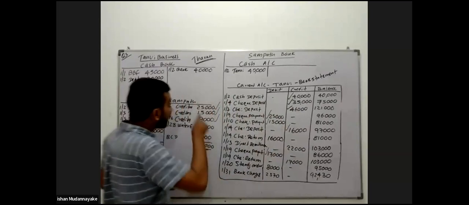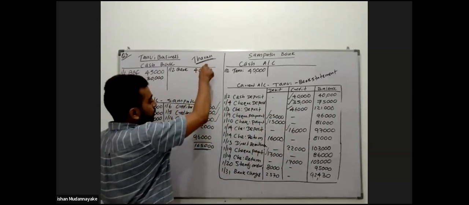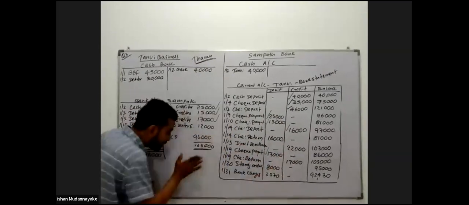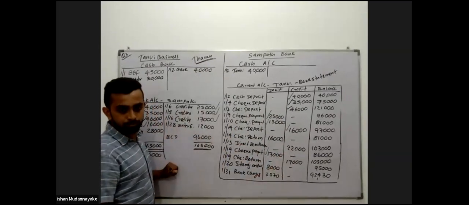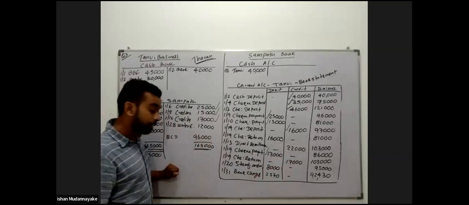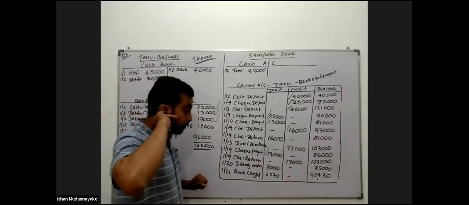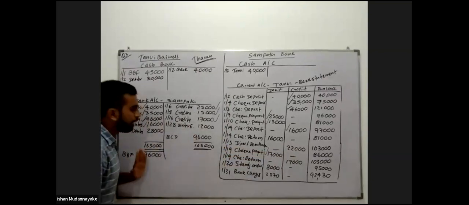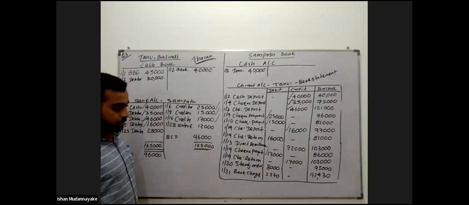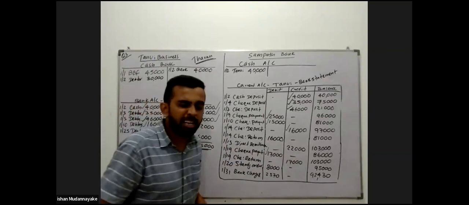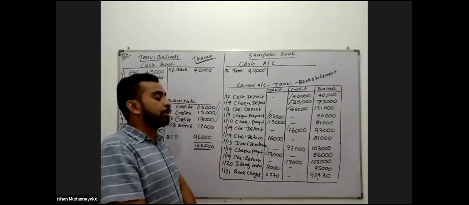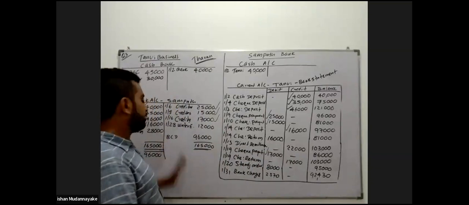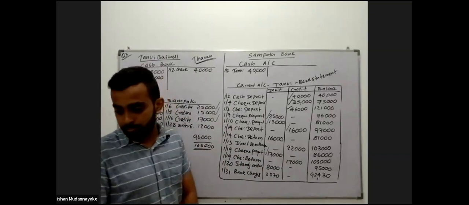But Tarun, the accountant of the business, has not recorded this 22,000 in the bank account. Direct remittance he has not recorded. So Tarun needs to debit this 22,000 into the bank account.